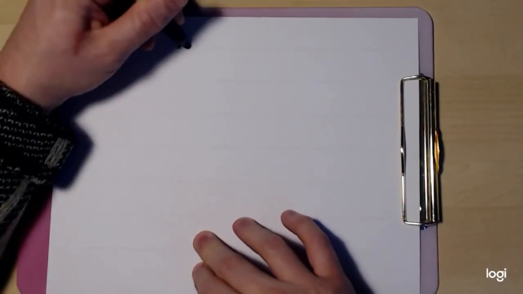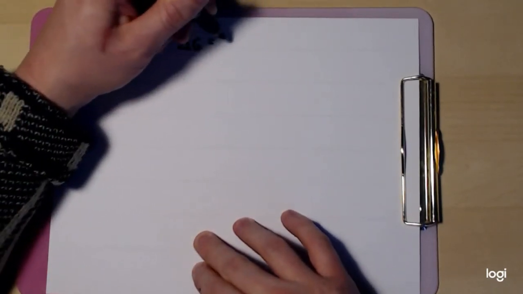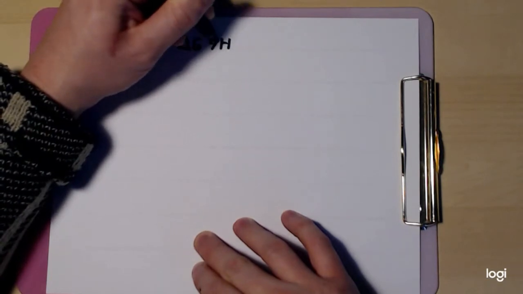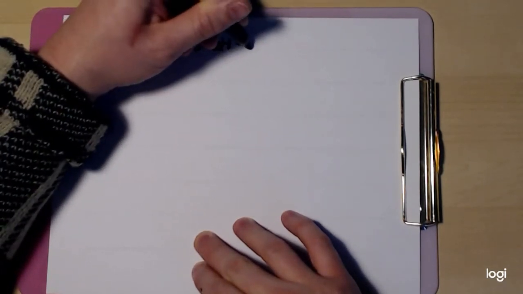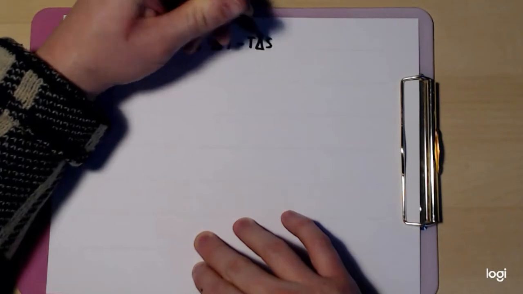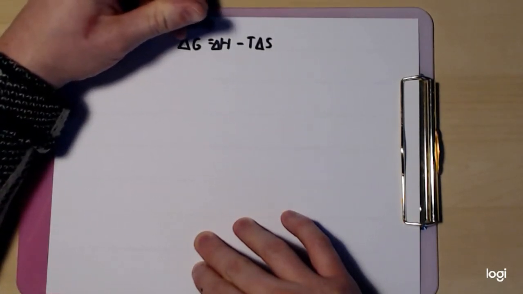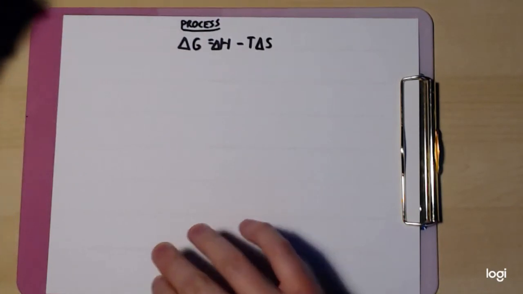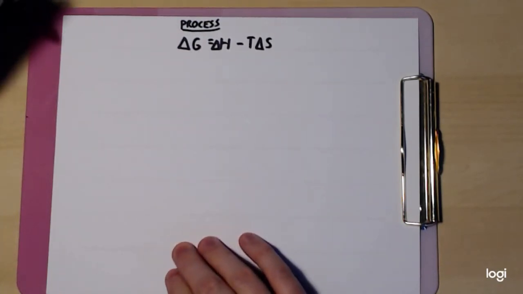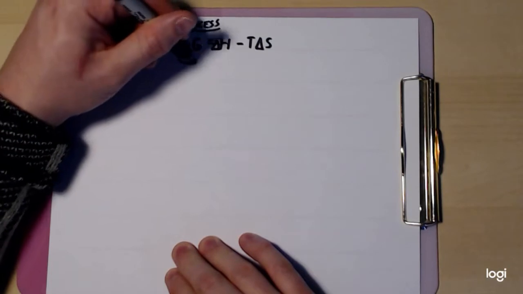So just to review again, for any process acting on a system, the change in free energy resulting from that process, delta G, is equal to the change in enthalpy minus the temperature multiplied by the change in entropy. And this is true for any process that's occurring at a constant pressure and temperature.